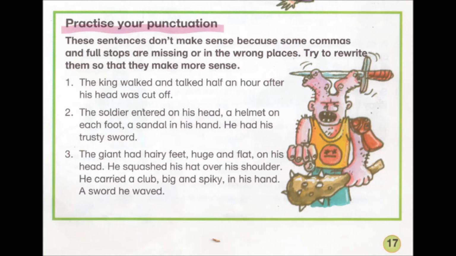He carried a club, big and spiky in his hand, a sword he waved. So there you can see that he's got huge feet on his head. You need to, again, rewrite that sentence, changing only the punctuation so that his feet are no longer on his head.